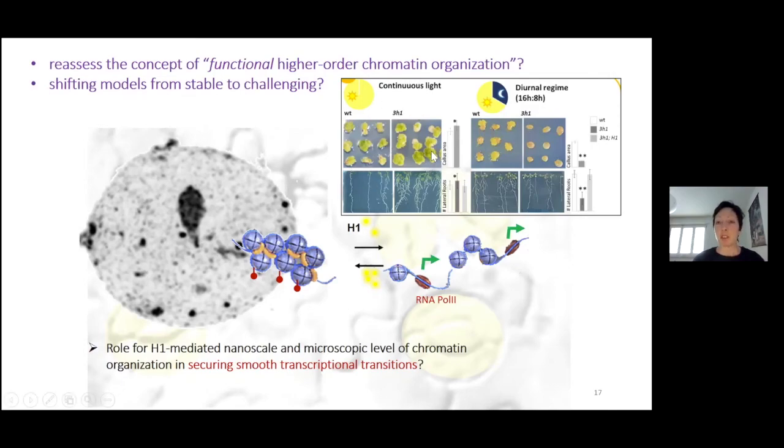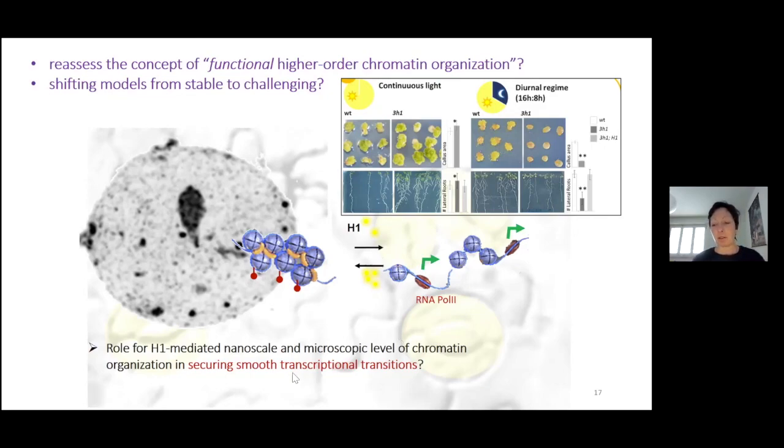So if we have continuous light, the mutant is performing very well in producing calluses or in producing lateral roots. But if we start to grow it in a diurnal rhythm, you could say that you challenge the plant with the day and night changes, then the mutant performs much more poorly. So it might give a hint here of a connection between an important chromatin organizer and the ability for the organism to actually adapt to new physiological situations and fluctuation.